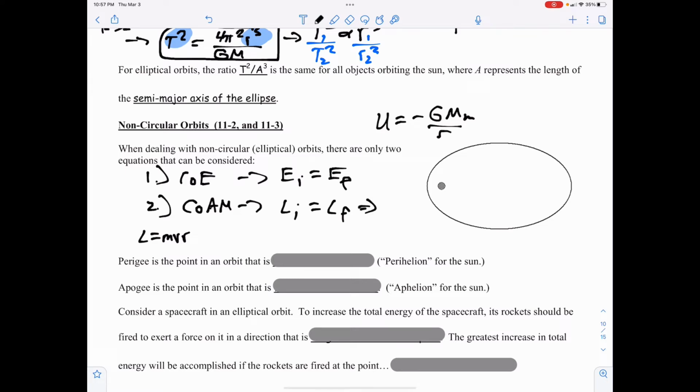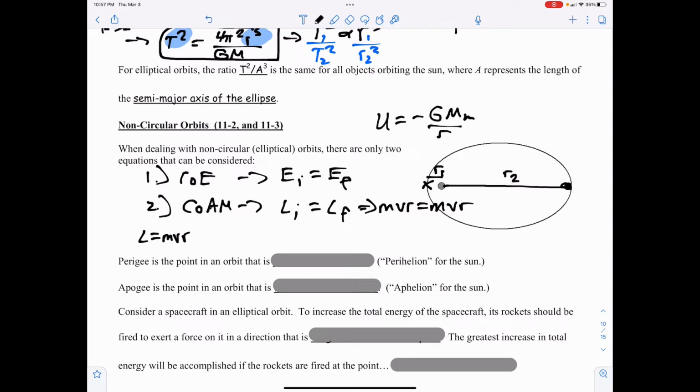So you end up with mvr equals mvr. The mass didn't change, but when the star is over here, for instance, it has a very small radius, radius 1, versus over here when it has a much larger radius, radius 2.